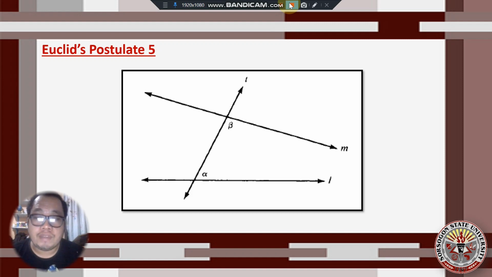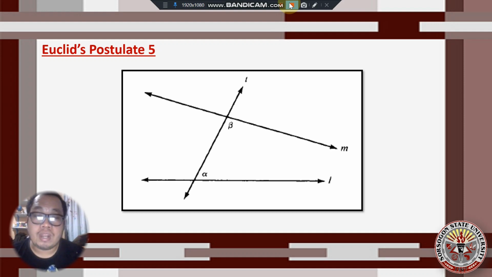Okay, so in the given illustration, we have the two lines M and L, on which another line falls, and that is line T. Their intersections form angles which are less than 90 degrees, and that pertains to angle alpha and angle beta, which are said to be interior angles less than 90 degrees.